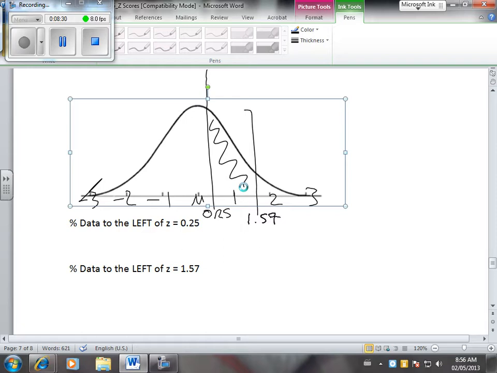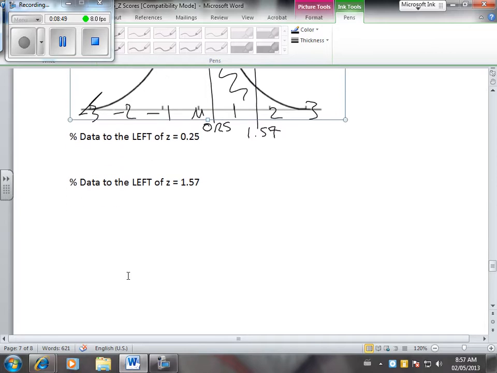Okay, so what is in there? So basically, since we can only find the data to the left or to the right of each z-score, we'll find the data to the left of each and then find the difference between them. So let's go through that and you'll see what I mean. So if we have z equals 0.25, we have z equals 0.2 plus 0.05.